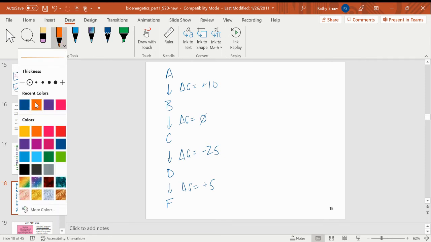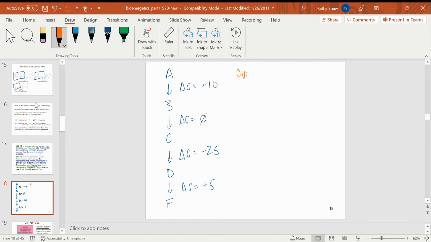Let's figure it out. So we're going to look at our overall delta G. So here's how we get this. We add it all up. Plus 10, plus 0, plus minus 25, plus 5. So what do I get? I get a minus 10.